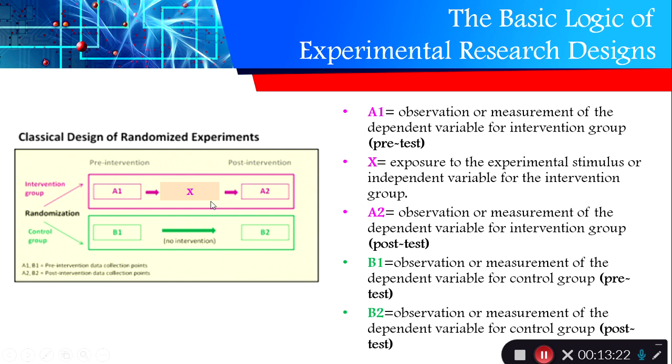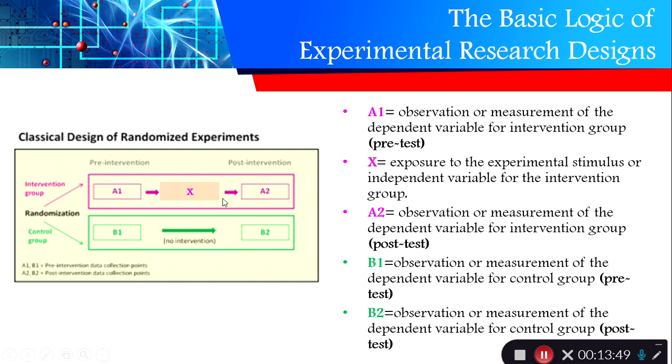We would expose our intervention group to the intervention or experimental stimulus, and then we would measure depression once again post the intervention. We would also measure depression prior to the intervention among our control group. So we would take our pre-test measures at the same time from both groups. We would also take our post-test measure from our control group as well at the same time that we do our intervention group.